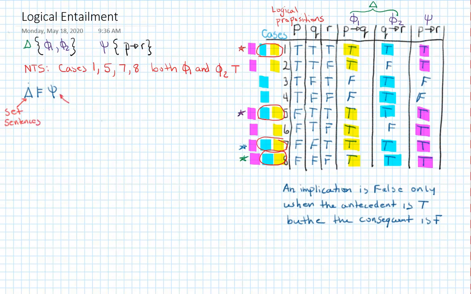And this right here stands for a sentence, a logical sentence. And this symbol stands for entails. So what this sentence says here is that a set of sentences, in our case phi1 and phi2, or P implies Q and Q implies R, entails psi, or P implies R. Another way to say that is P implies Q and Q implies R entail P implies R.